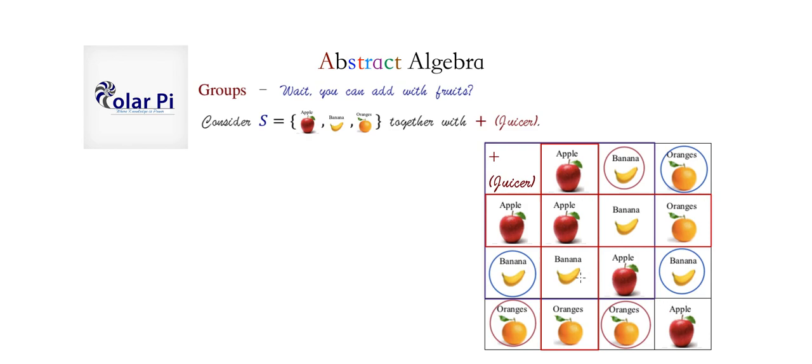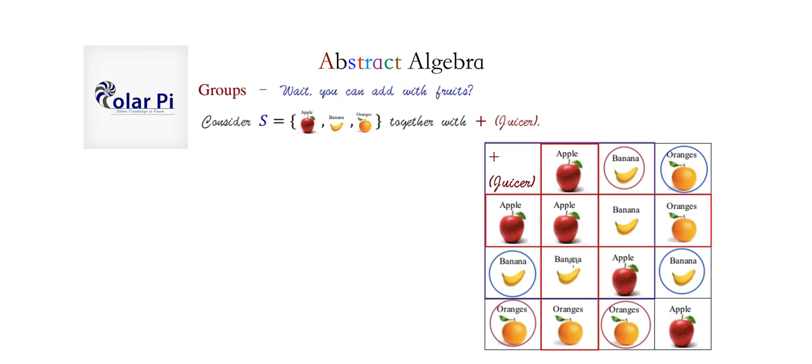Now, I've also highlighted that this group is not commutative. When a group is commutative, we say that the group is abelian. I show that it's not commutative because, in the blue circles, banana plus orange makes banana, whereas orange plus banana makes orange.